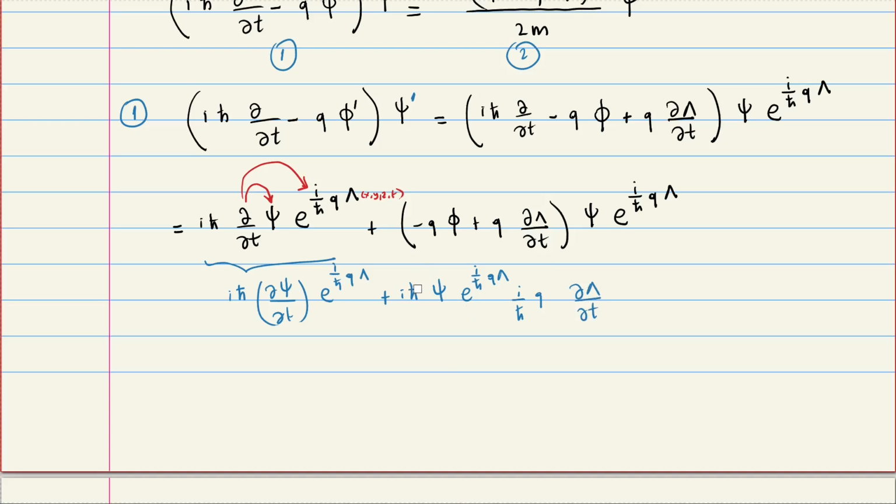So this h bar is going to cancel this h bar. I times I is minus 1, so this is minus.